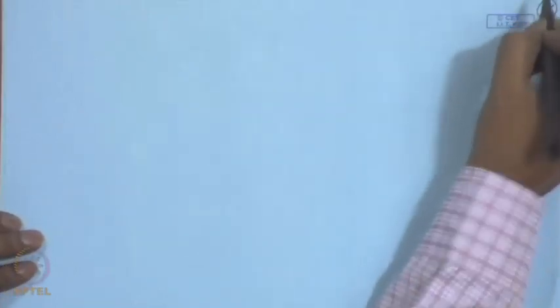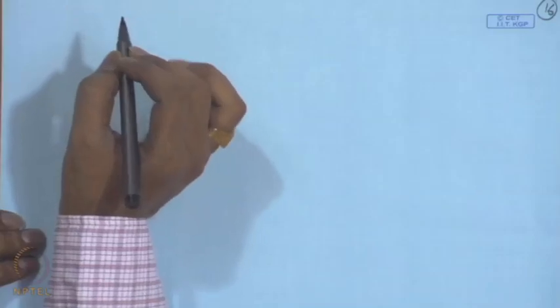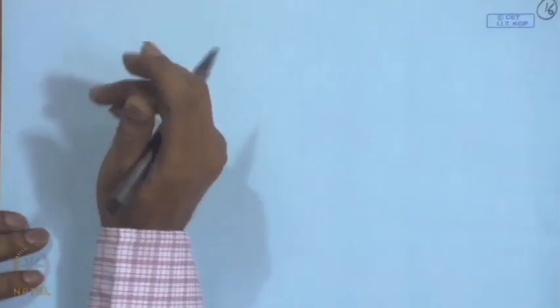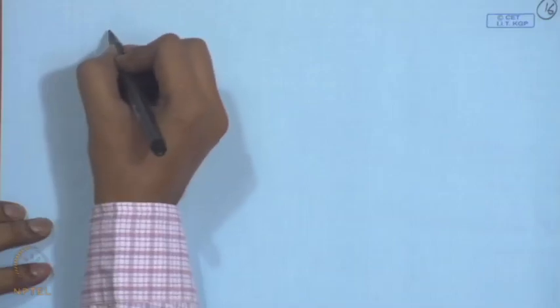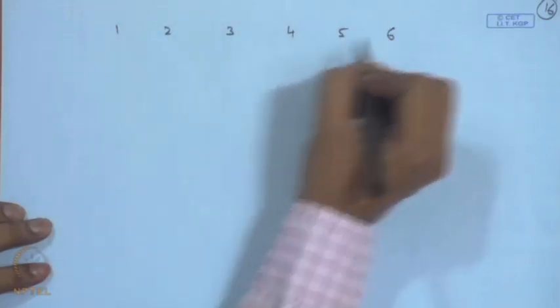Let me give one example here. So, two kinds of cough medicines are there, which are given to certain patients, and we want to check their effect on the sleep. So, for example, there are 6 patients, let me number them 1, 2, 3, 4, 5, 6.